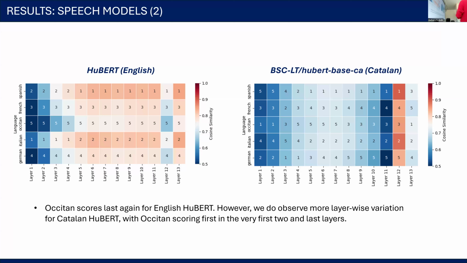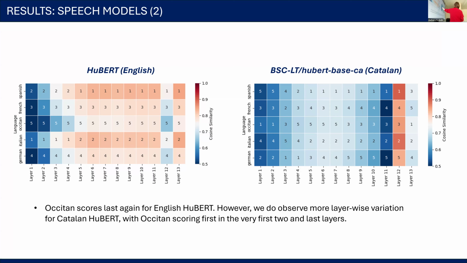This is the case very much also with HuBERT. With HuBERT, I didn't find a purely multilingual version, so I'm separating the one trained with English from the one trained only with Catalan that was trained here at BSC. Here what we find is that in the early layers, Italian is first, and Occitan is always last, again.